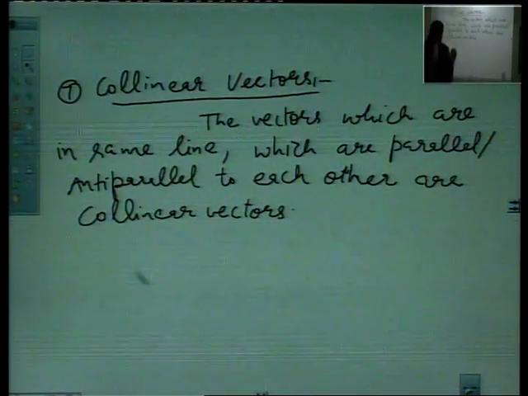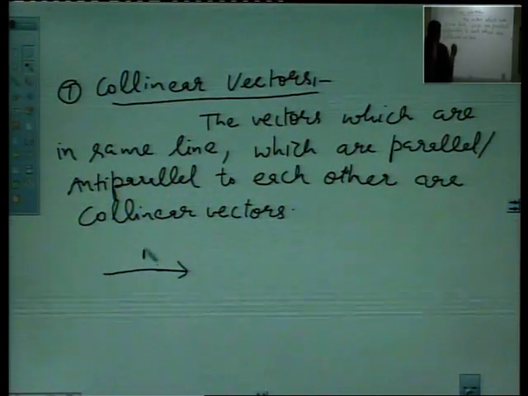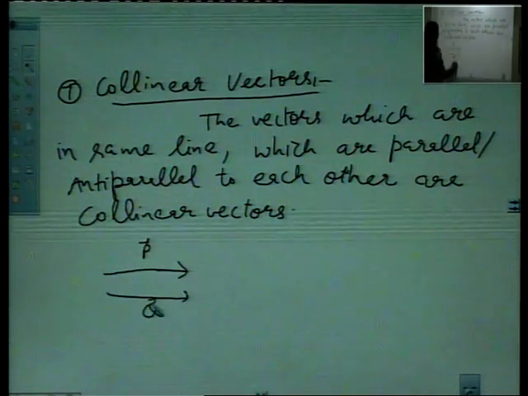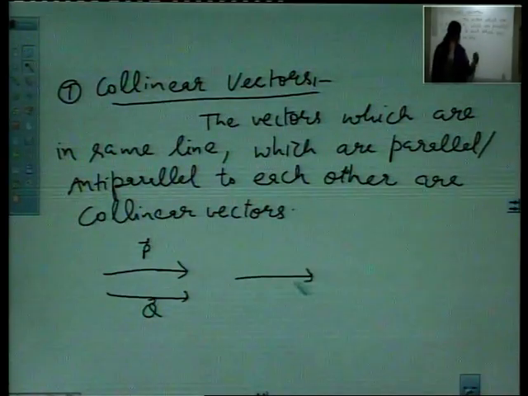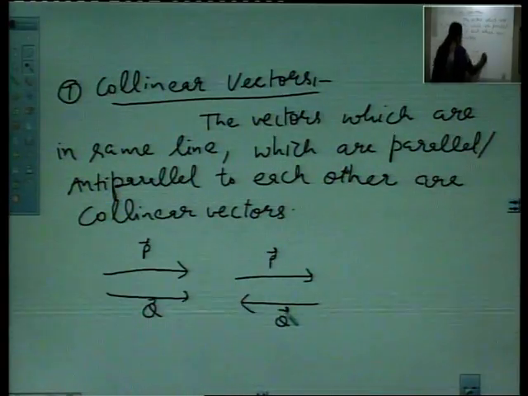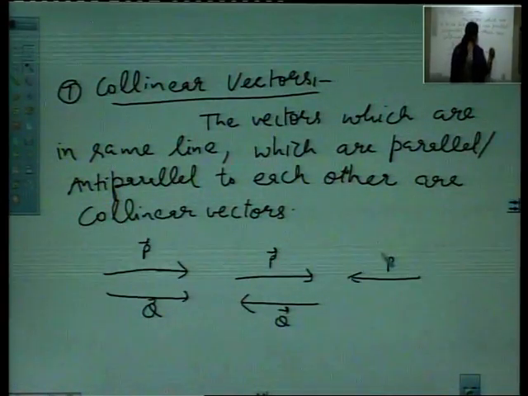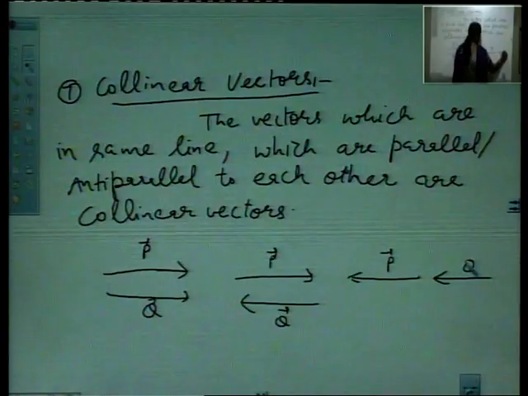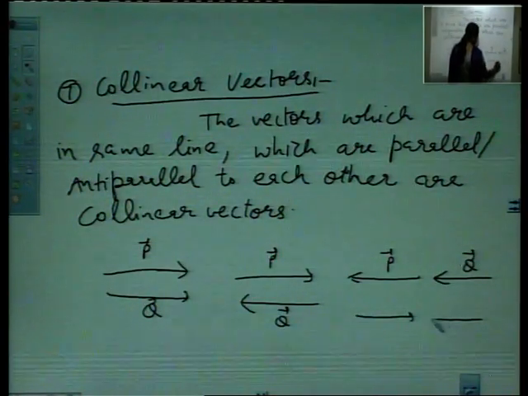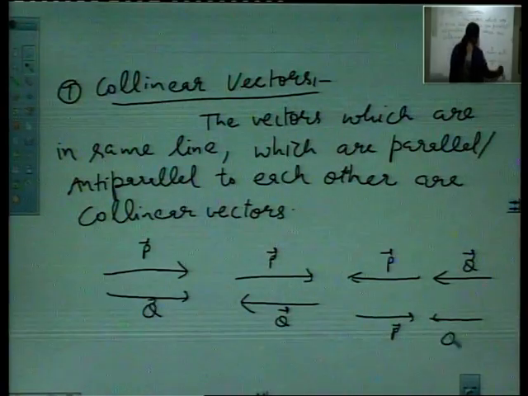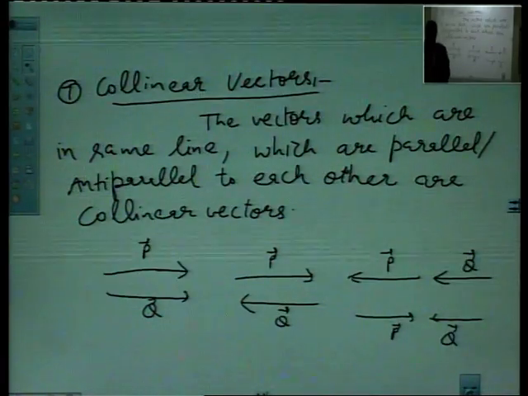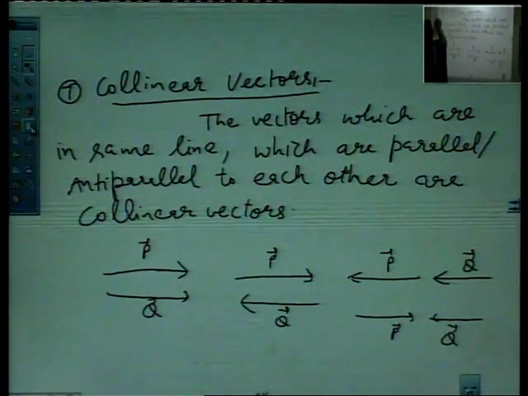Suppose we have two vectors, P vector and Q vector. If they are parallel to each other, or anti-parallel to each other, or are along the same line, they are called collinear vectors. Now next we come to the properties of vectors.